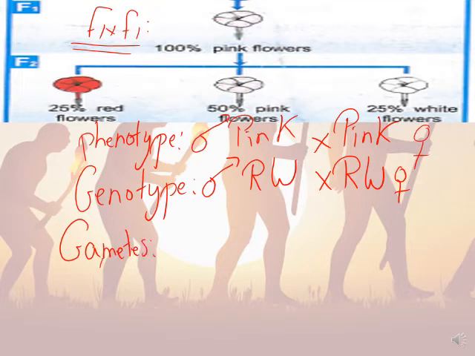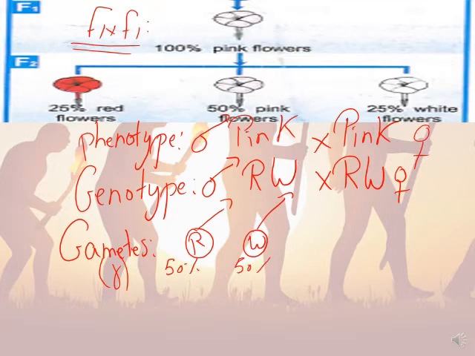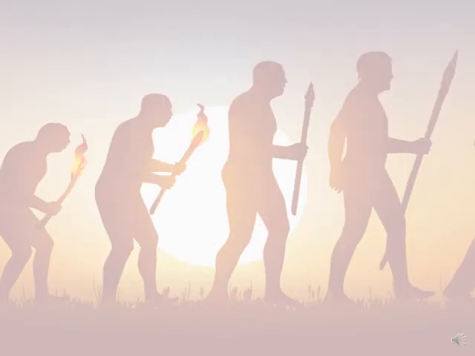Gametes, symbol gamma for sure. So gametes will be R 50% and W 50%, while here it can be R 50% and W 50%.